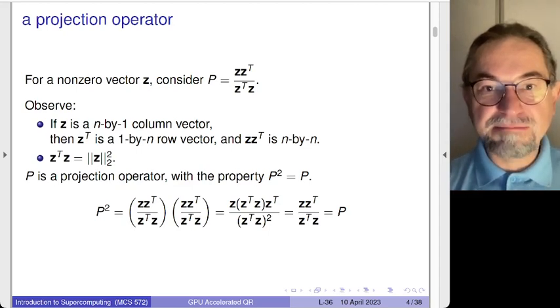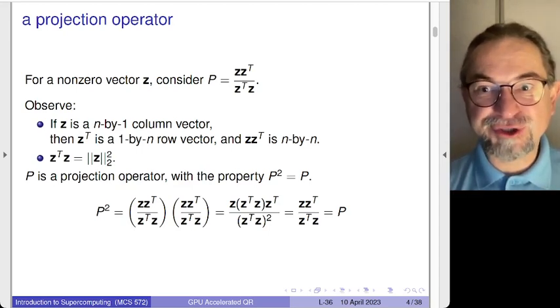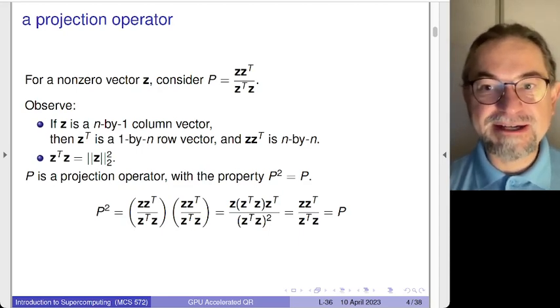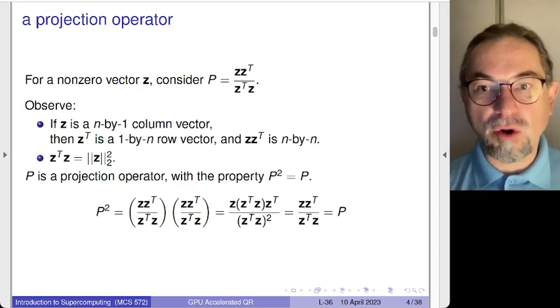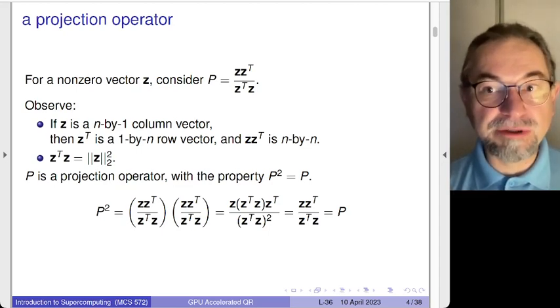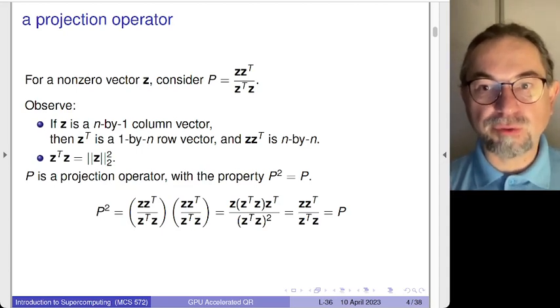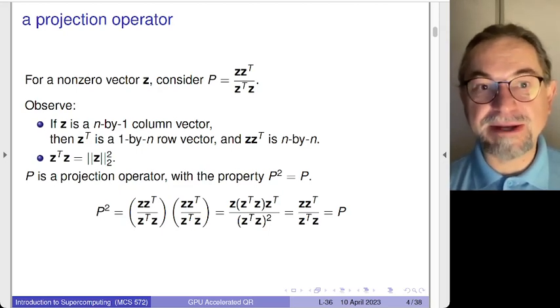So we can make matrices from vectors. So if you have a vector, we typically write the vector as one column, so 3 rows, 1 column. Then the transpose is a row. If you multiply a column vector with a row vector, then you have a matrix.